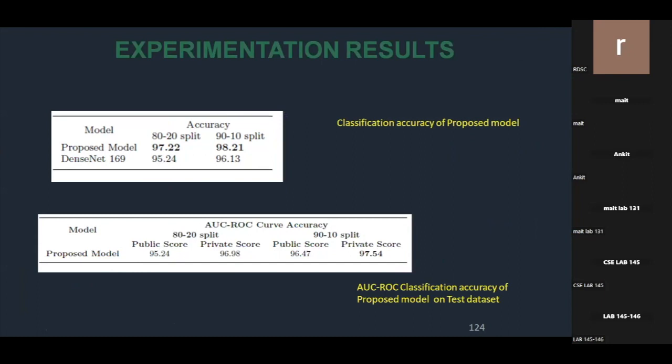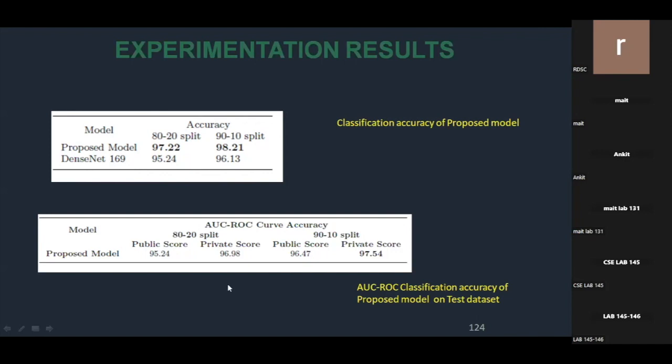We compared 10 existing models experimentally, and out of those 10, DenseNet provided the best results. So we compared DenseNet 169 with our proposed model, and we see that our accuracy is really good. This work was done as part of a Kaggle competition, and it was done by one of the UG students.